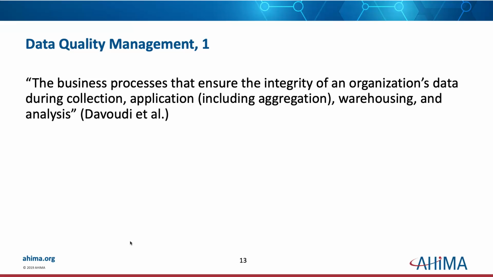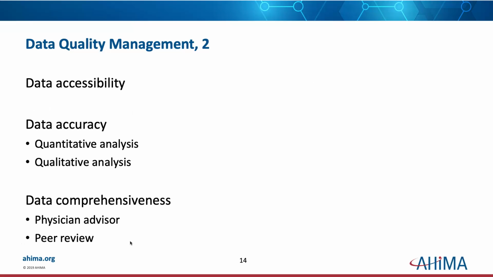So data quality management, and this is a good quote, the business processes that ensure the integrity of an organization's data during collection, application, warehousing, and analysis. That's what data quality management is, those business processes. Under data quality management, we talk about data accessibility. Do people who have a right and a need to know have the ability to get to it, to be able to care for the patient or do their job?